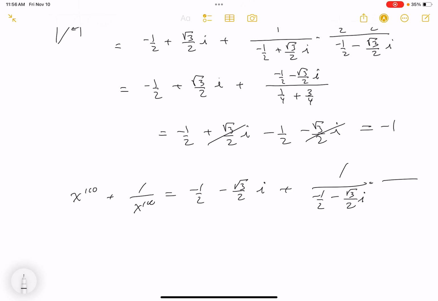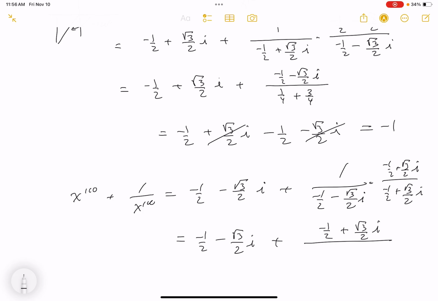Multiply top and bottom by the bottom's conjugate, minus 1/2 plus root 3 over 2i. What do you get here? Minus 1/2 minus root 3 over 2i plus, we get minus 1/2 plus root 3 over 2i.